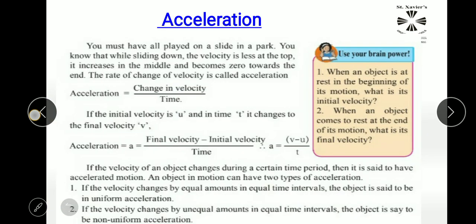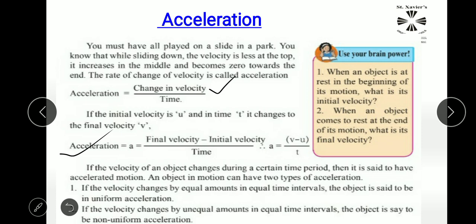Now, in the last slide we were talking about acceleration, students. When we talk about acceleration, we say there is change in velocity per unit time, and that is called acceleration. Here the change in velocity may be positive or negative. If speed increases, the change is called positive change, and the acceleration is called positive acceleration.